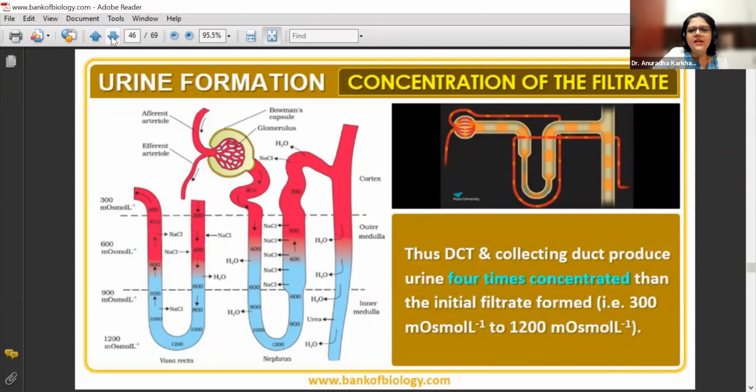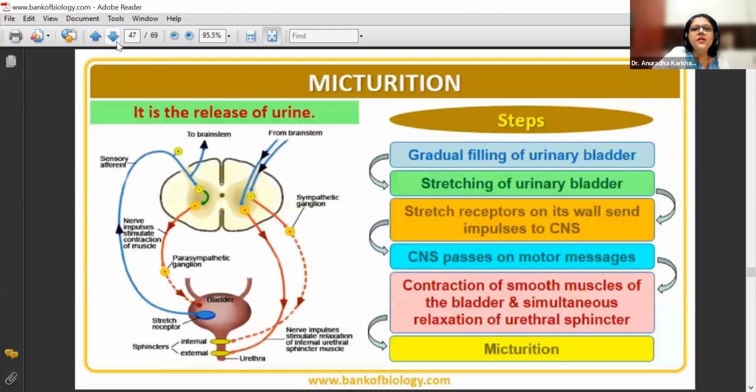Thus, the DCT and collecting duct produce urine 4 times more concentrated than the initial filtrate. So see, initially it was only 300 milliosmolar per liter, and now it has become 1200 milliosmolar per liter. So almost 4 times it got concentrated. That's all with your countercurrent method.